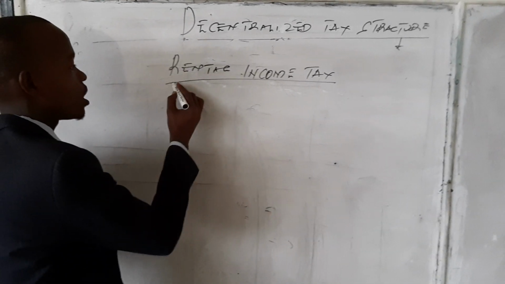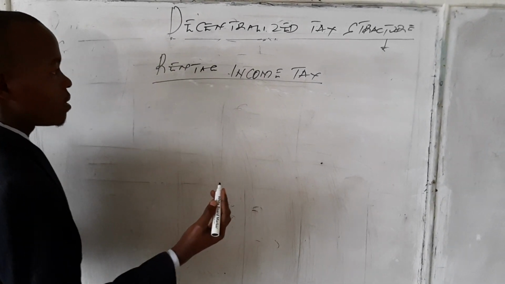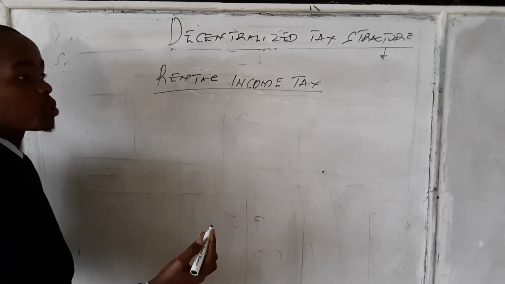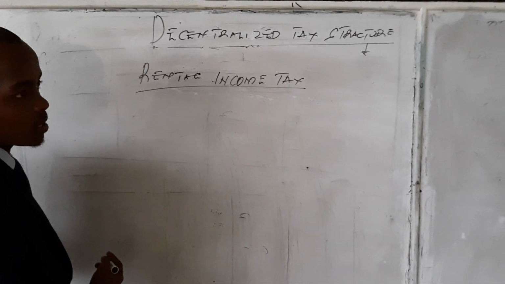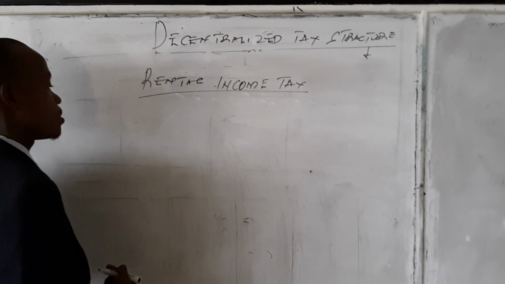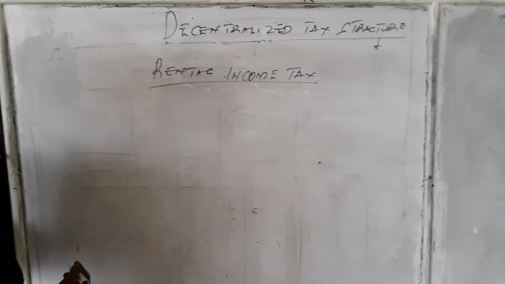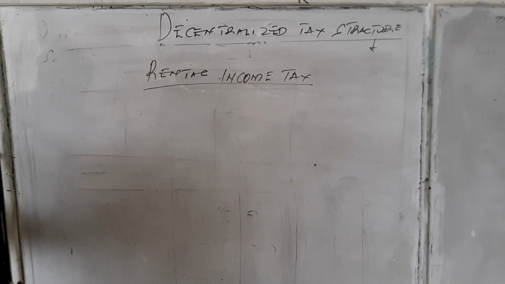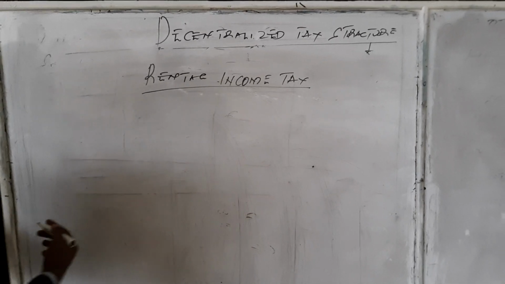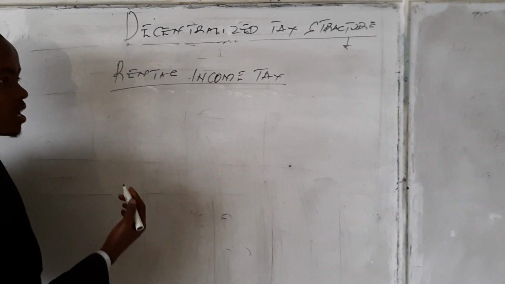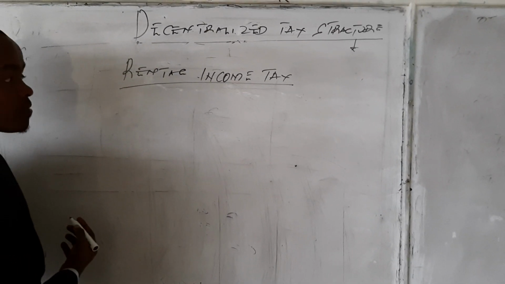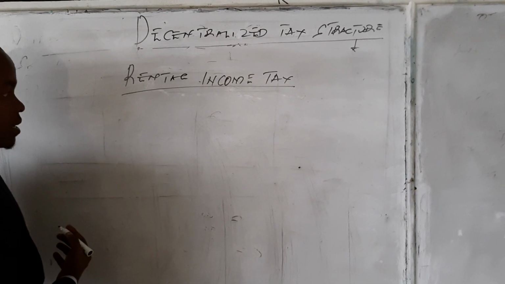So this rental income, it is the income from the renting of the commercial buildings. And remember, the tax period here is 1st of January of the year you're operating in to the 31st December of that year.